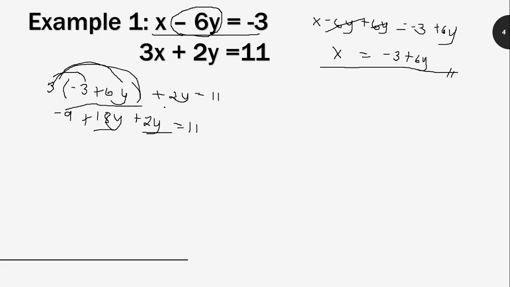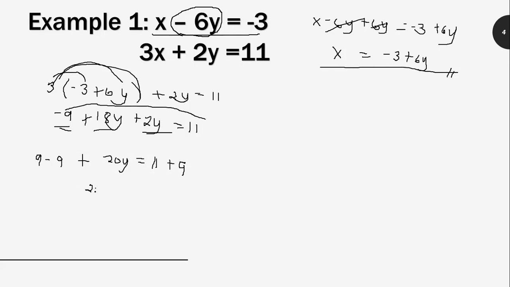Para mawala po si negative 9 dito, opposite ng negative 9 is positive 9. Okay, 18y plus 2y, we have 20y is equal to 11, and then plus 9 since we add positive 9 on the left. Negative 9 plus 9, 0.